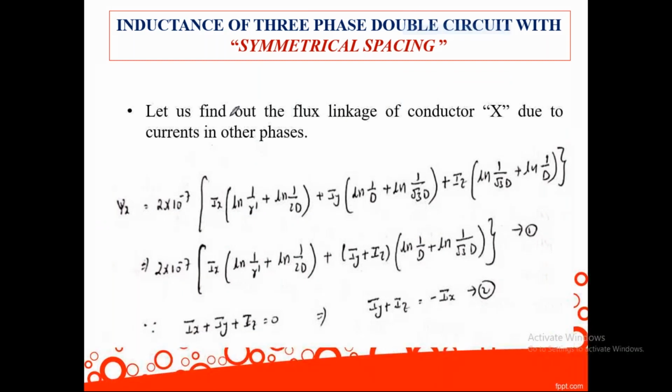See here, this is the equation of flux linkage of X with respect to all the conductors. So this is X, Y, Z, X dash, Y dash, Z dash. Now the flux linkage is given by 2 into 10 power minus 7, common for all terms. First one is due to the current Ix.